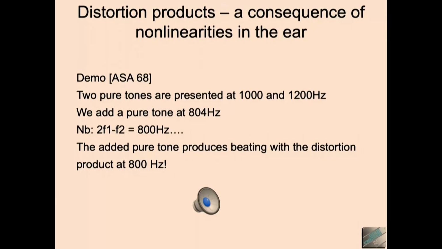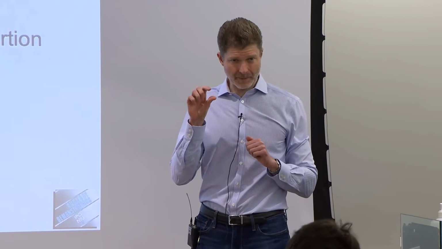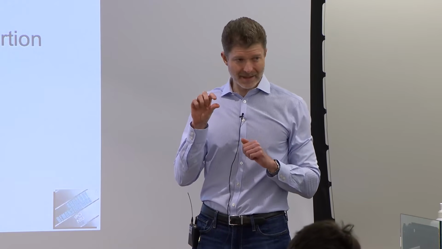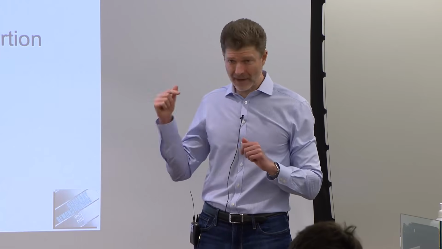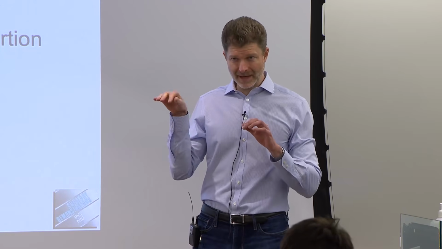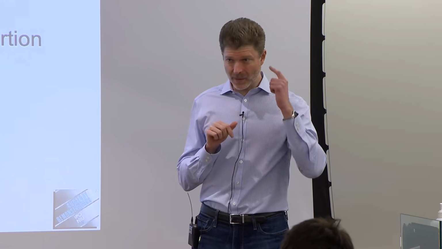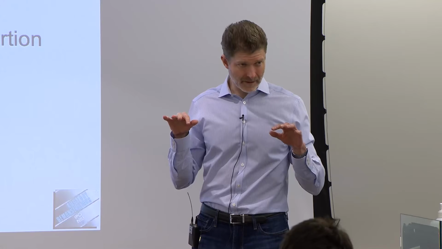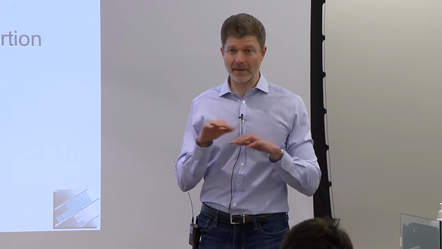Then you add in a tone at 800 Hertz, and the participant has to adjust the amplitude and phase of the 800 Hertz tone that you're piping into their ear. The idea is that if they can get it exactly out of phase with the frequency that your ear is creating, it cancels out. Destructive interference. And then the beating goes away.